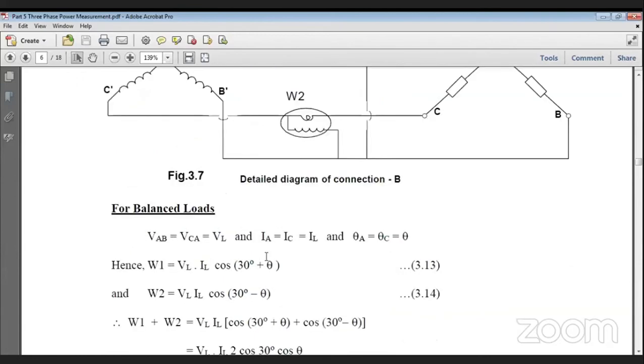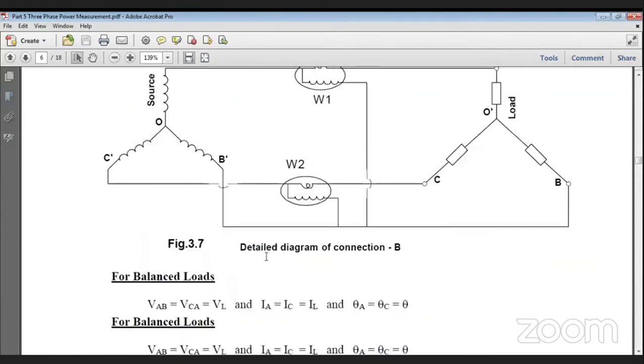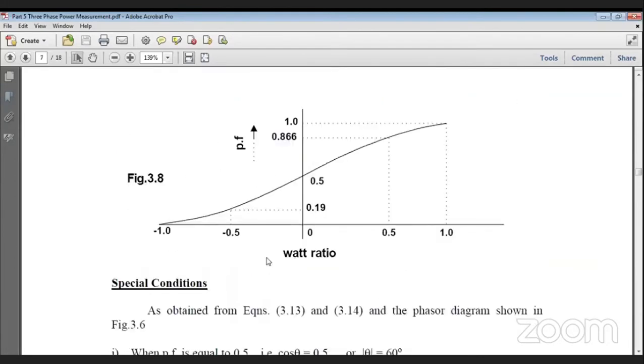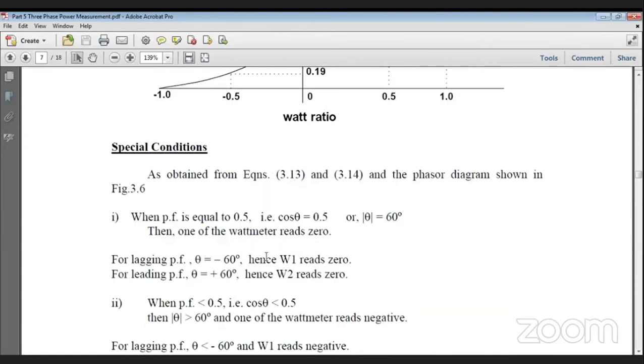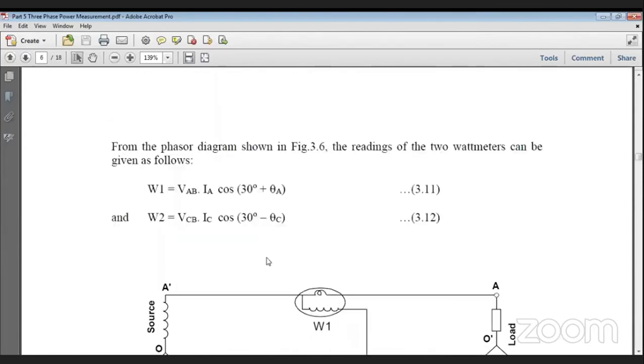Now, there are very interesting observations. Let's take the unbalanced case. These are now two equations. By the way, our power factors are not controlled by the source. Our power factors are controlled by the load.